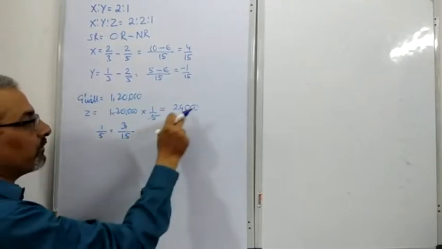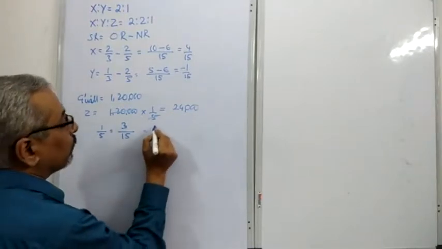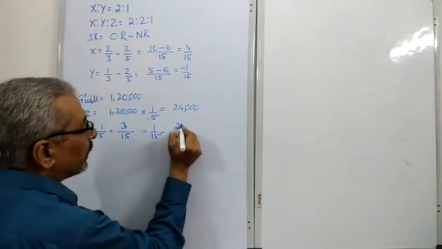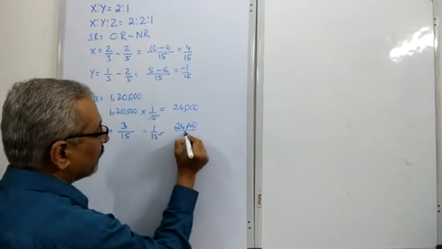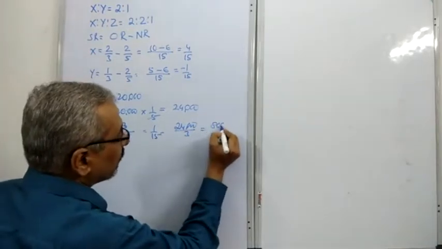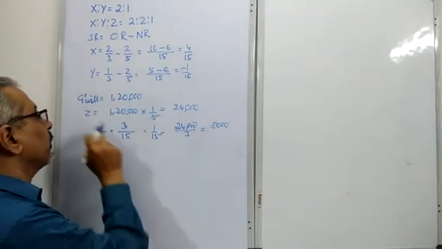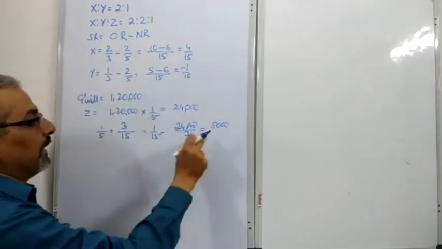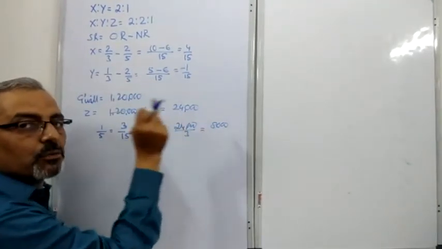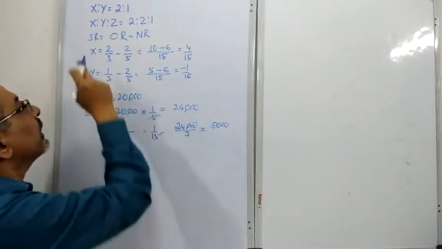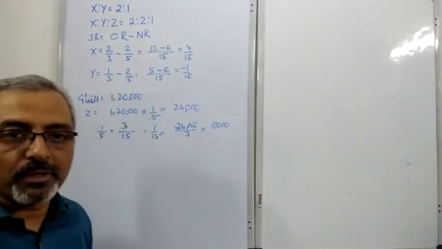Now if 3 by 15 is 24,000, 1 by 15 will be 24,000 divided by 3, that is 8,000. In other words, 24,000 will be brought in by Z to give to X, and 8,000 will be adjusted through the capital account of Y, and it will be posted to X's capital account.